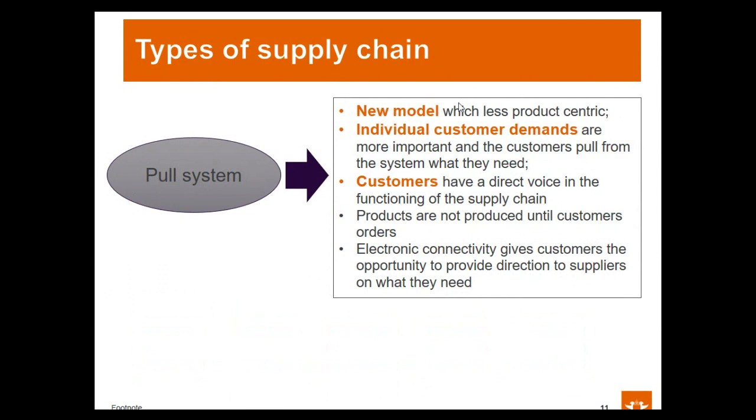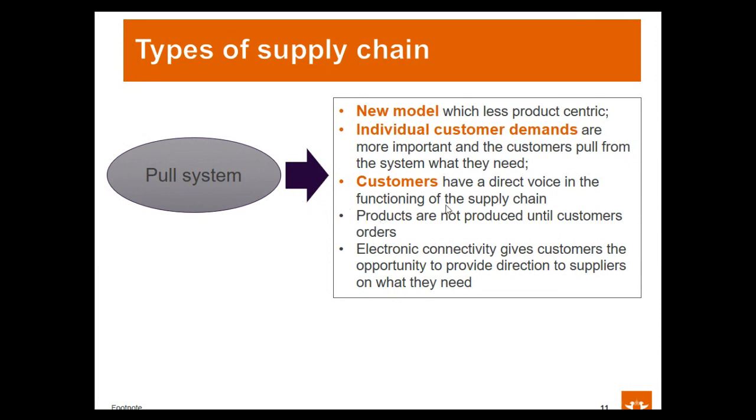A pull system, on the other hand, is a newer model, which is less product-centric. The focus is on the needs of the individual customers. The individual customer demands are more important, and the customers pull from the system what they need. Customers have a direct voice in the functioning of the supply chain, and the products are not produced until the customer orders.